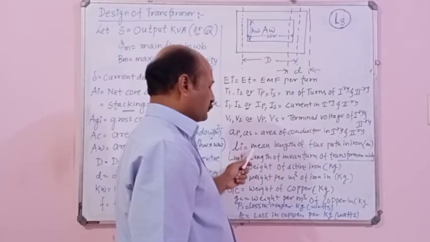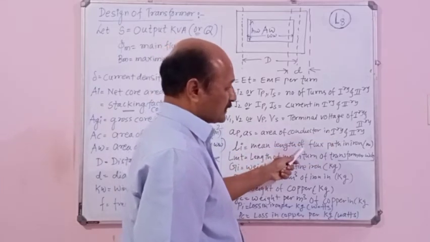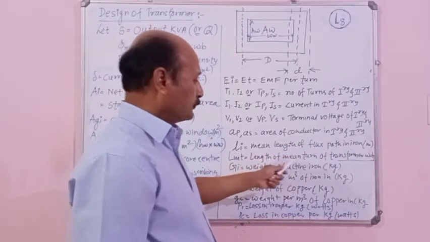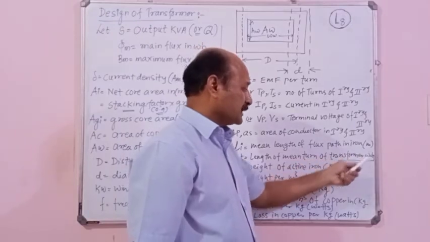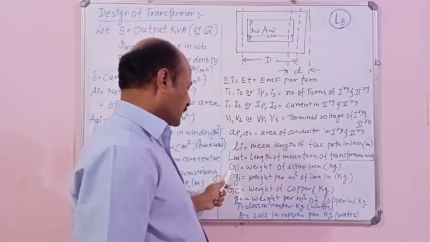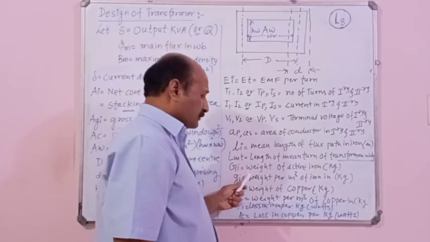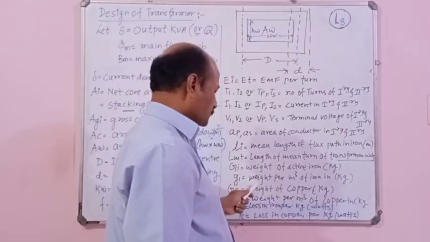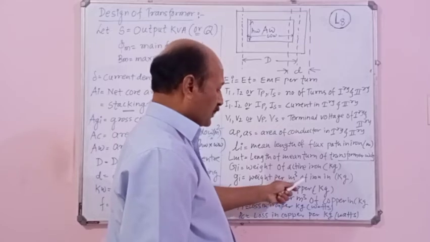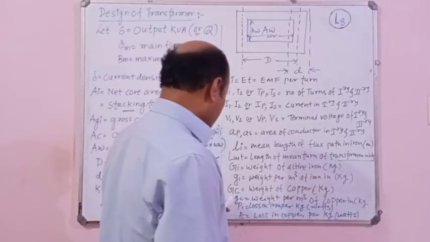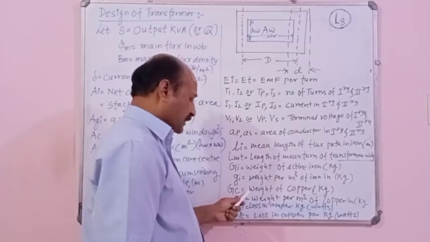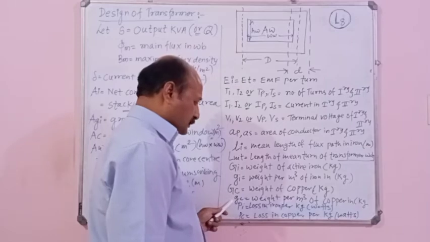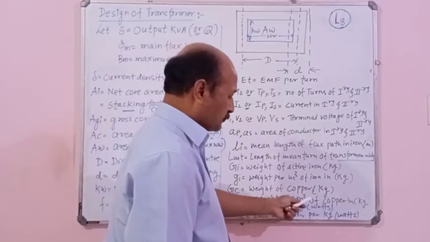Li, that is the mean length of the flux path in iron in meter. LMT, that is the length of mean turn of the transformer winding. Capital Gi equals the weight of active iron in kg, and small gi equals the weight per meter cube of iron. Capital Gc is the weight of copper in kg, and small gc equals the weight per meter cube of copper.